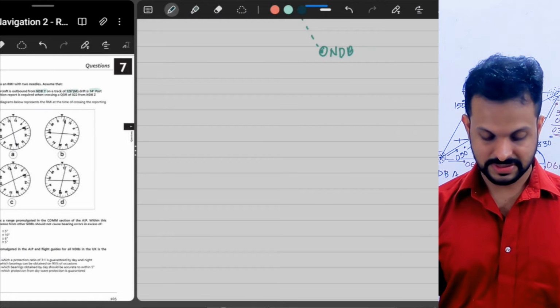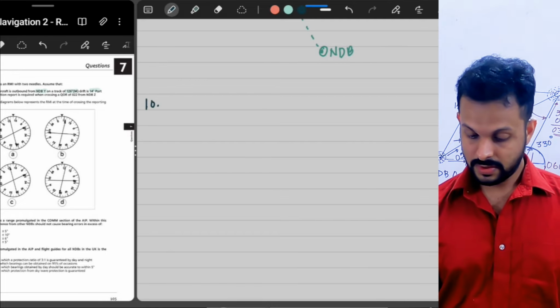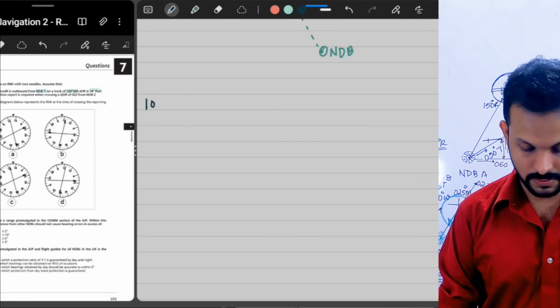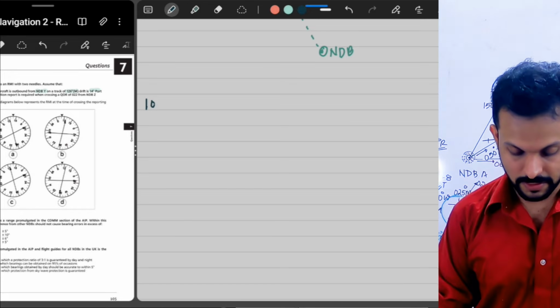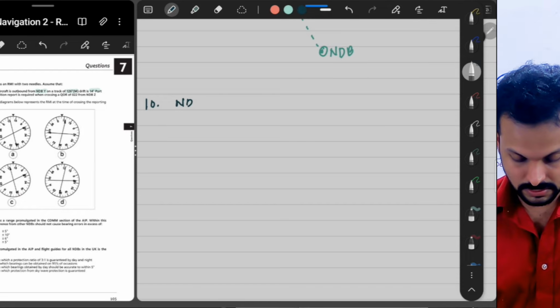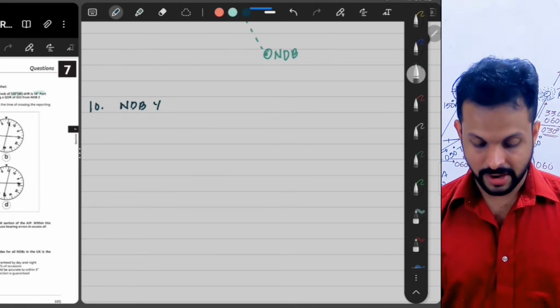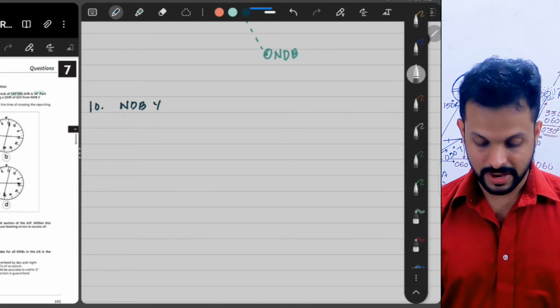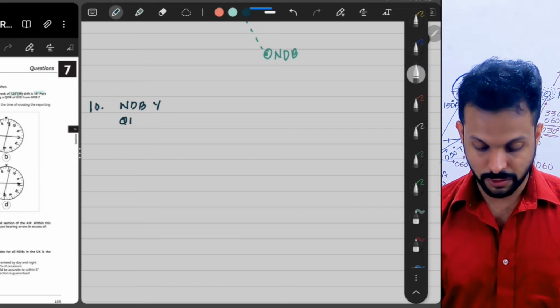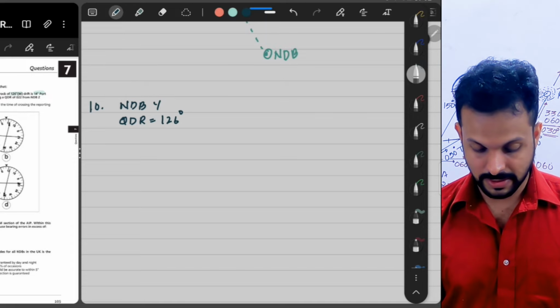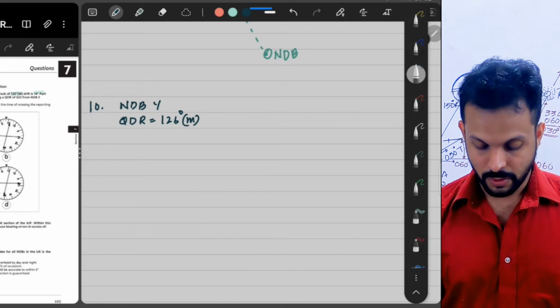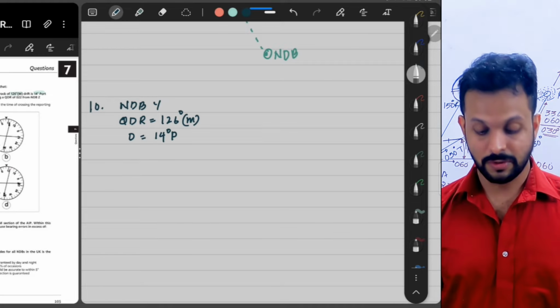So it's question number 10 here. You have 2 different NDBs. The first one is NDB Y, and the track outbound from the NDB. It's a magnetic track, and therefore the QDR from the NDB is 126 degrees magnetic with a drift correction of 14 degrees port.